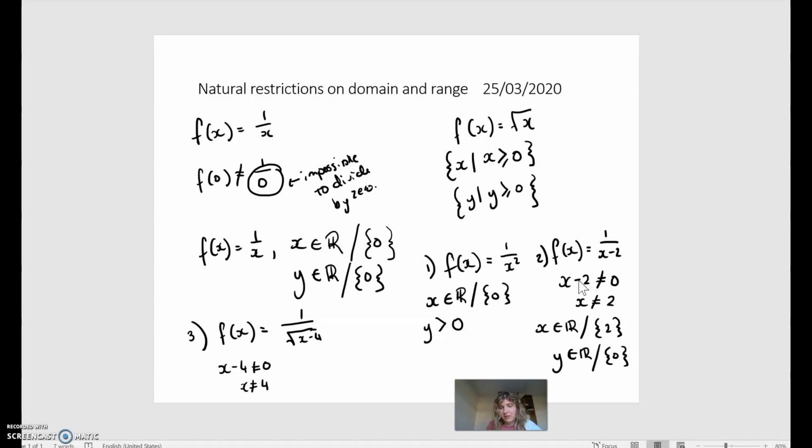Now, if x is anything less than 4, that's going to be negative and therefore it still also won't exist. So the domain for our function is that x has to be greater than 4. And for your range, that doesn't change. That's just y is greater than 0.